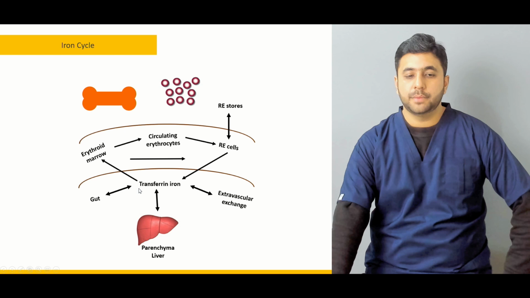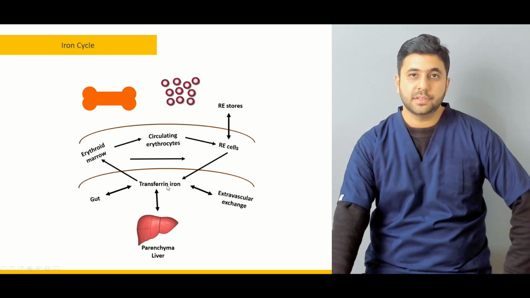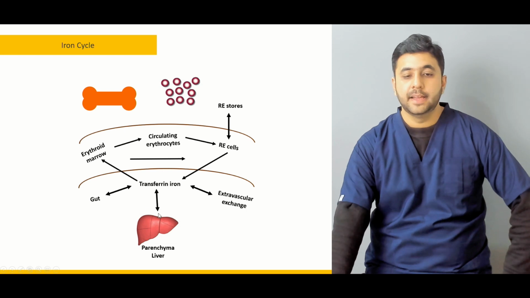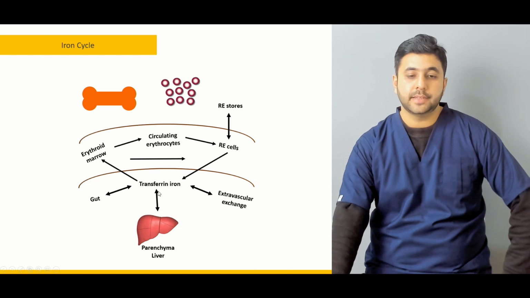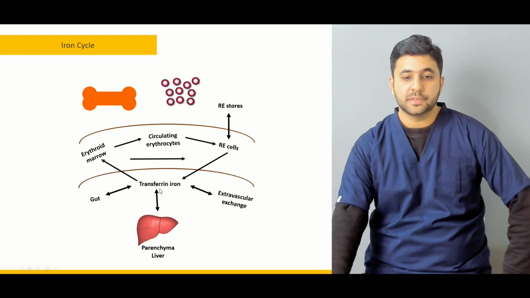So from the gut, we absorb the iron. Iron moves into the plasma, and it is combined with transferrin, which is a transfer protein of iron. This transfer protein is in synchrony with the parenchyma of the liver as well. It transports some iron to the liver, and iron can also be regulated with the help of transferrin.